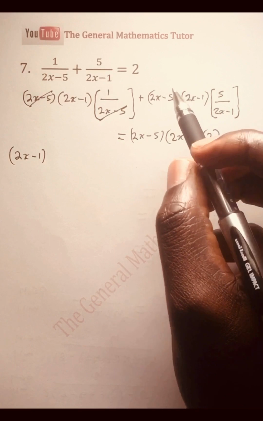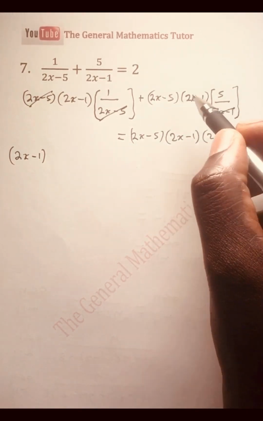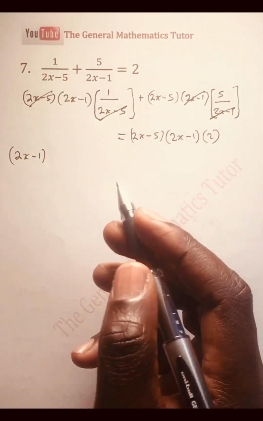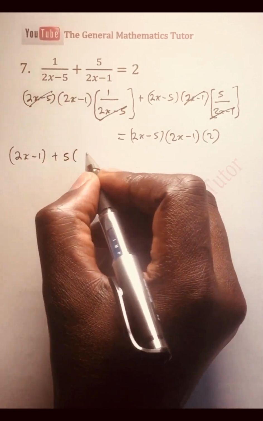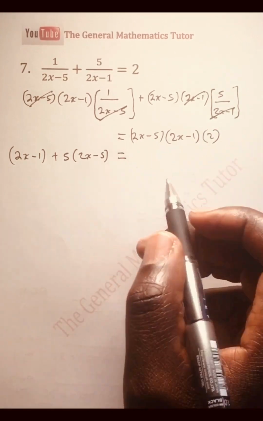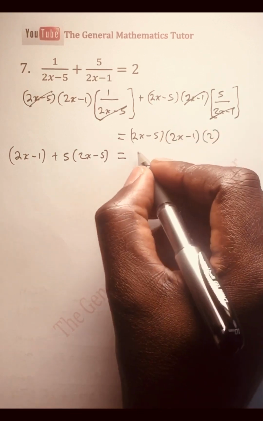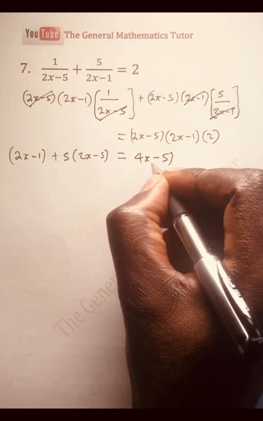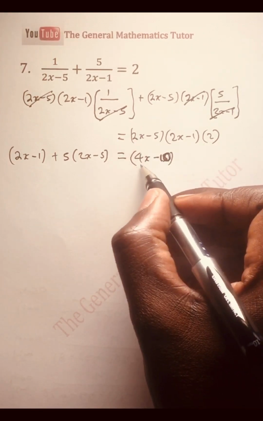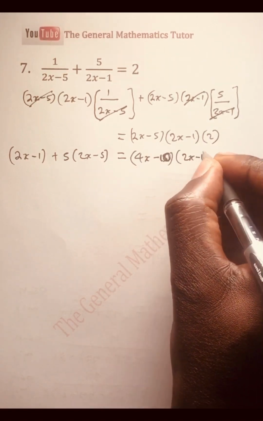And in the second case, 2x minus 1 and 2x minus 1 would cancel, so we are left with 5 times (2x minus 5), is equal to, on the left hand side we have 2 times this product, so we can write this as (4x minus 10), because I'm multiplying 2 times 2x, that is 4x, minus 2 times 5, that is 10, into (2x minus 1).